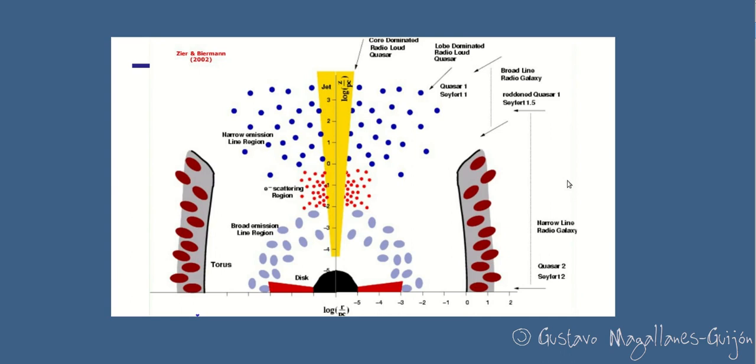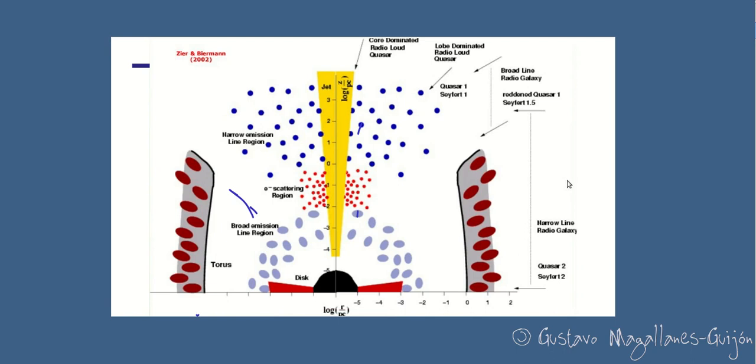The black hole has a dimension of 10 to the -5 parsecs, the jet has a dimension of kiloparsecs, and the accretion disk has a dimension of 10 to the minus 3 parsecs.